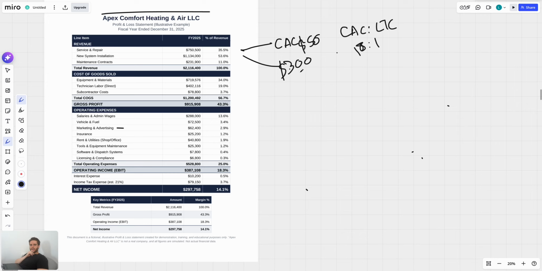And let's say the CAC to LTV on new system installation was only 2 to 1. So they're spending $300 to make $600.